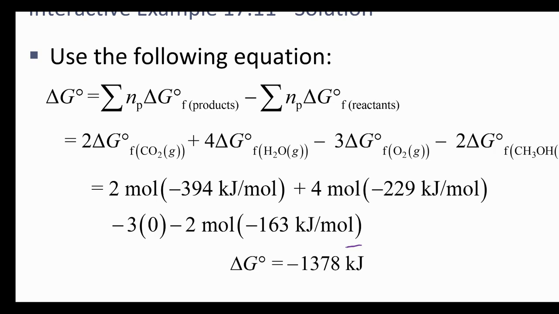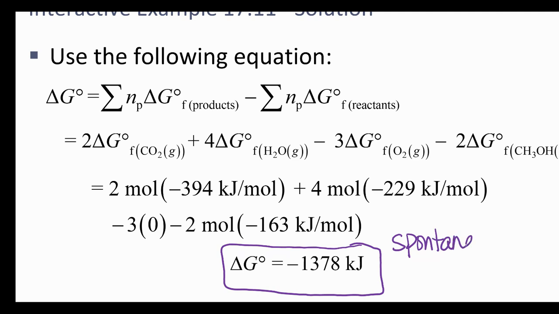Either way, we should get a delta G of reaction of negative 1378 kilojoules. So for sure, this is a spontaneous process under standard conditions, which is the 298.